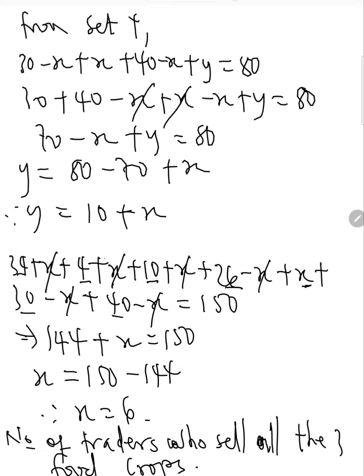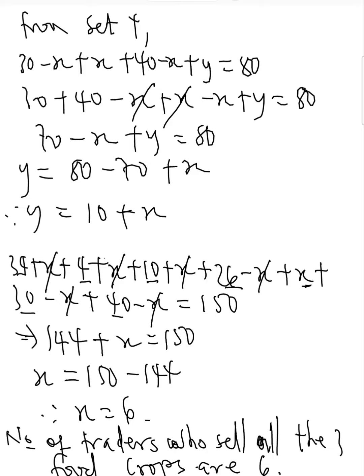So it means the number of traders who sell all the 3 food crops are 6. So that's the solution to the II. We said we should find the number of traders who sell all the 3 food crops.